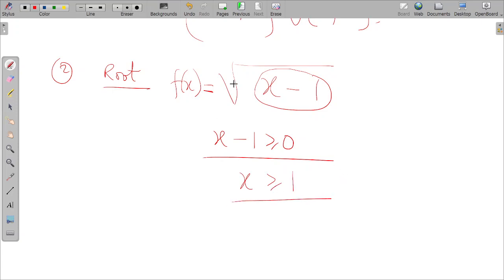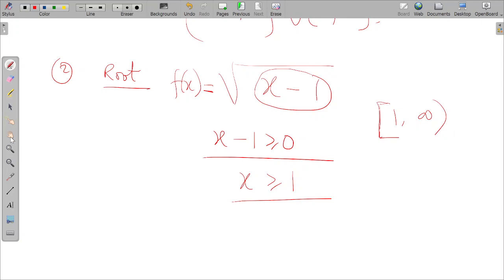So the domain of this function is 1 to infinity, but because of this equal sign, there is a square bracket here because 1 is included. When we put a square bracket, we mean 1 is part of the domain. So it's from 1 to positive infinity.